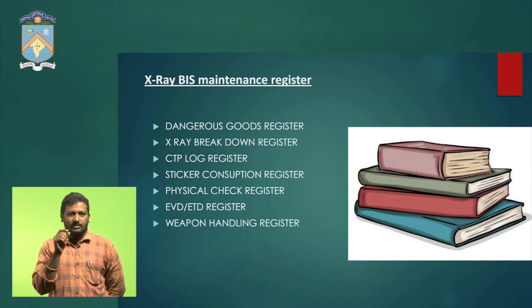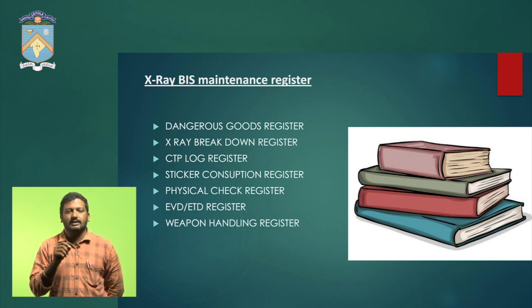In the previous module I explained, if any test fails to appear, they need to maintain this record in this maintenance register: the date, the exact time, what the problem is, when it is rectified, the rectified date, and who did the rectification under surveillance. At that time that person needs to sign in this register.